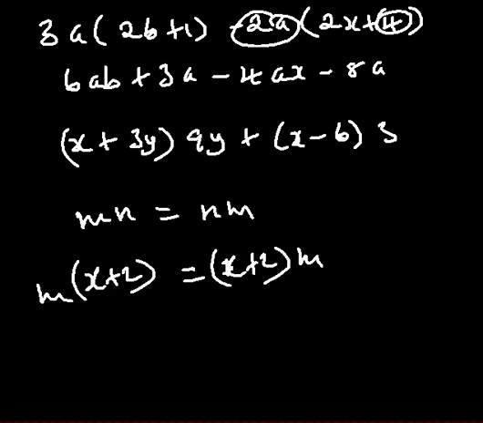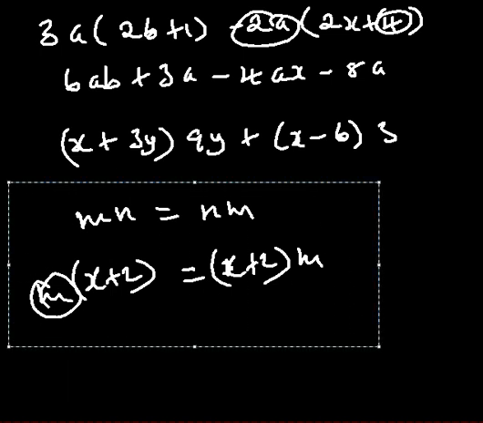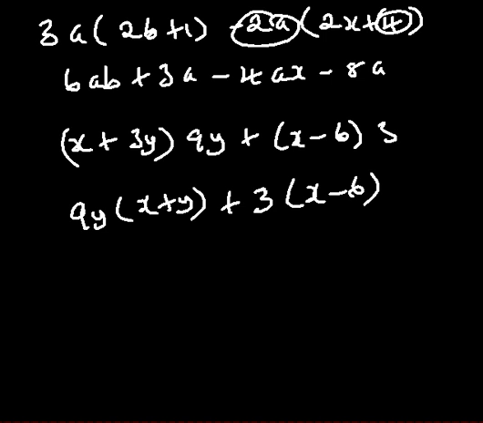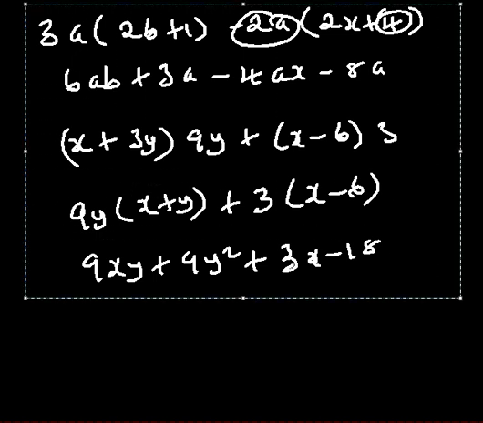It doesn't matter where it has been placed, as much as it is that, it is the same as that. So in this case, this is the same as having 9y times x plus y, like that, plus 3 times x minus 6. So in this case, we'll have 9xy plus 9y squared, plus 3x minus 18. Try to see if you have like terms there, otherwise you just have to leave it that way.